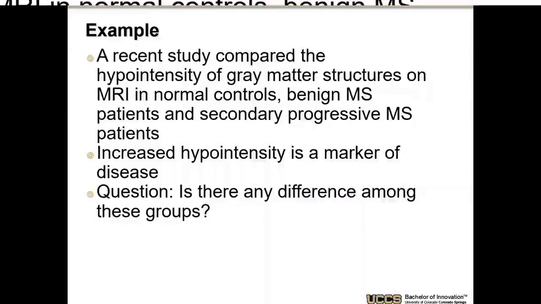So what would be our null hypothesis in this example? Again, we want a null hypothesis that we're going to then reject. But what's the null hypothesis? All of this stuff about MS and MRI, none of this really matters, right?